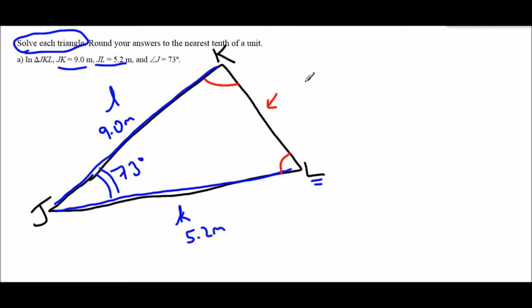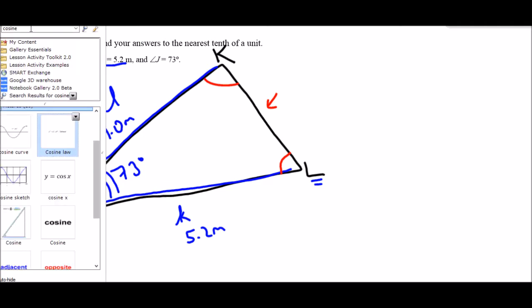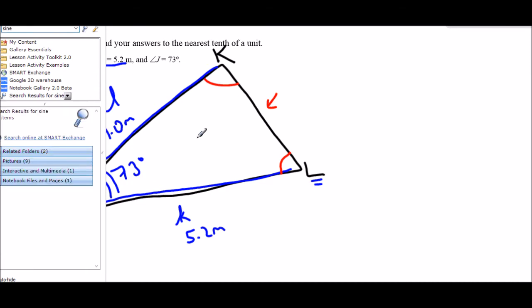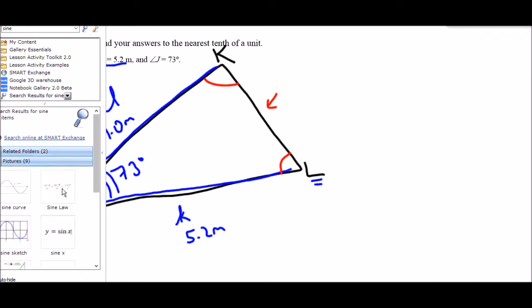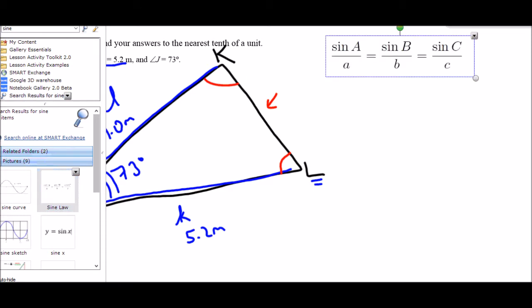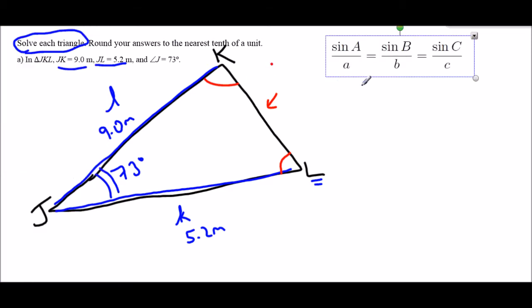Let's remind ourselves what the sine law looks like. Here's what the sine law looks like. In order to use the sine law, we need to know an angle and its corresponding side, or this angle and its corresponding side, or this angle and its corresponding side.